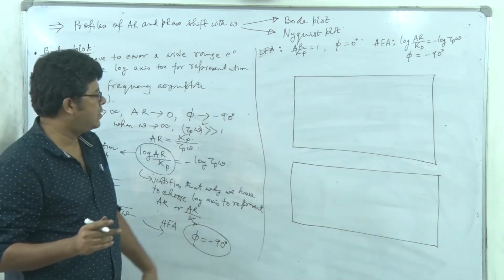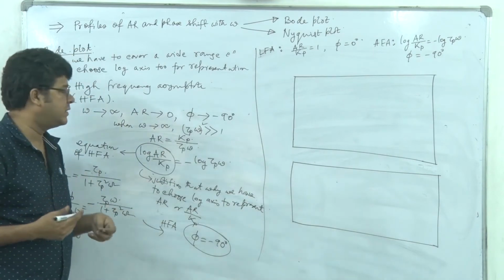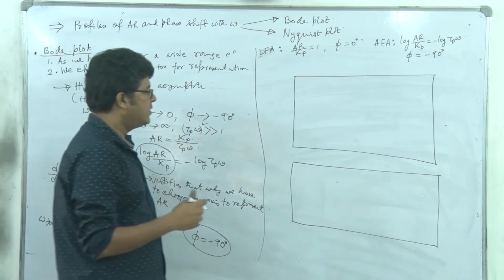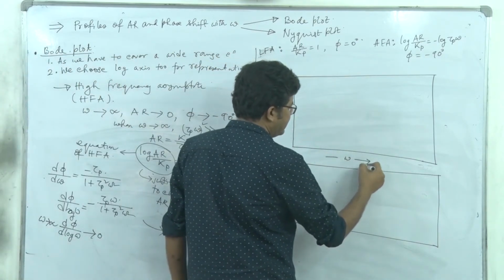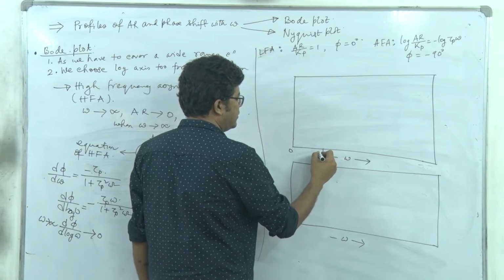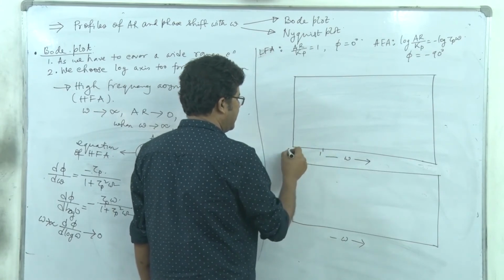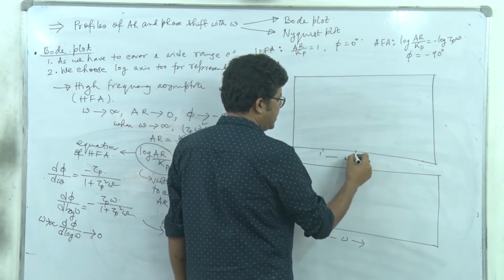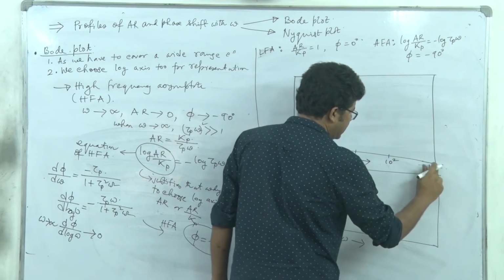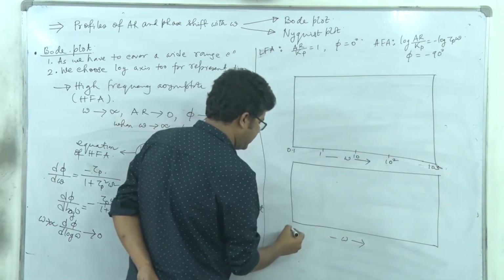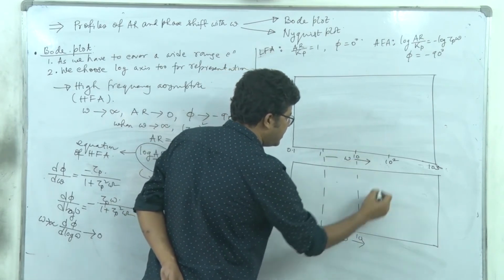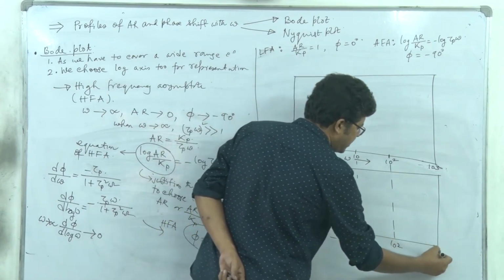See, in the handout, instead of omega, we have chosen tau p into omega to represent this x-axis. But here, we will choose omega itself. And this is the log axis, so 0.1, 1, then 10, 100, let's say 1000. Because this is a log axis, here it is 0.1, 1, 10, 10 square, 10 cube.